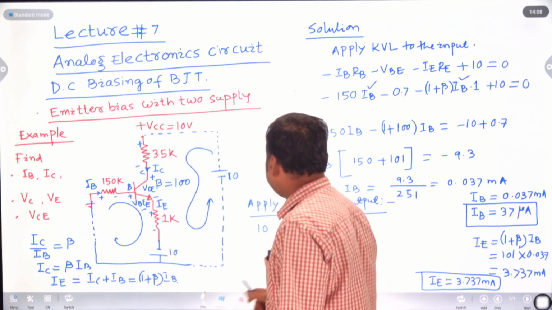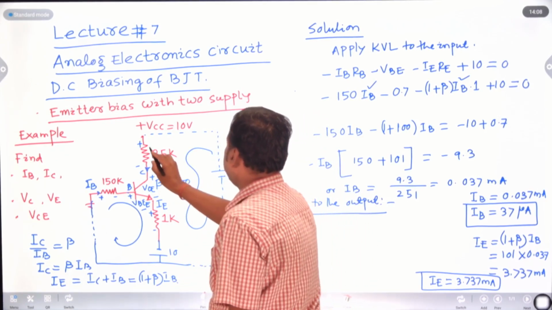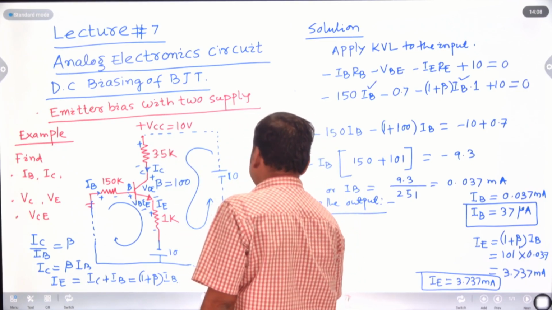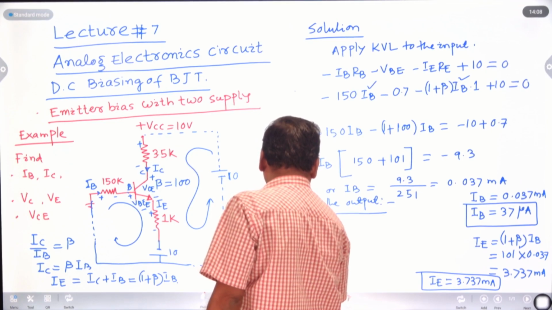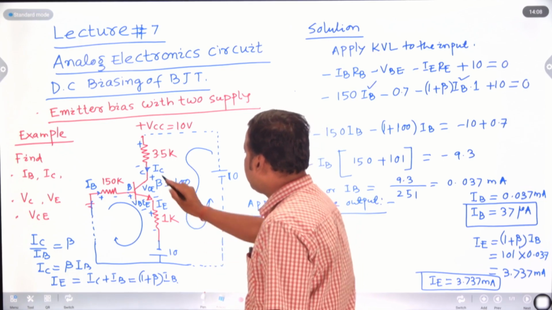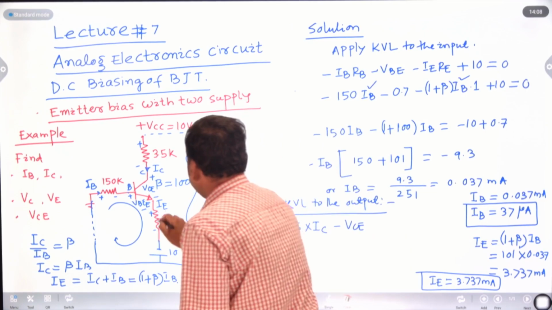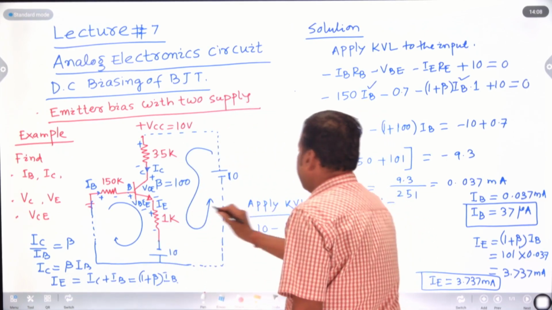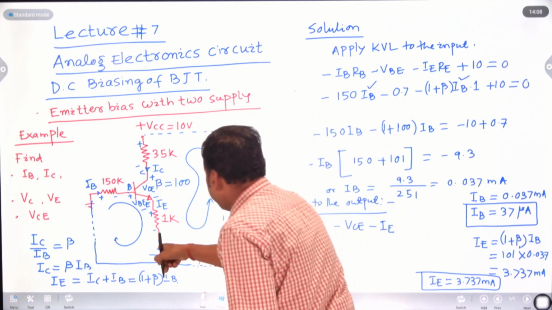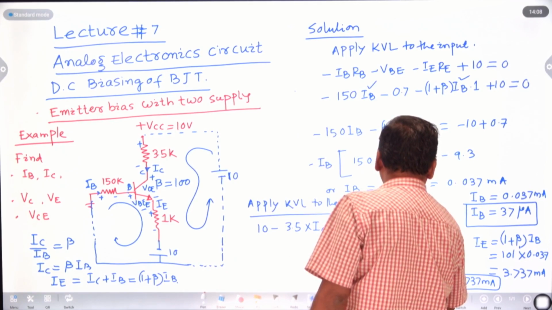So if you apply KVL, here minus to plus, plus 10 volt, here plus to minus, minus. Since it is a collector terminal, the current is your collector current IC, that is 3.5 into IC, then plus to minus, minus VCE, then plus to minus, minus IE into 1, that is IE, again minus to plus, plus 10, equal to 0.